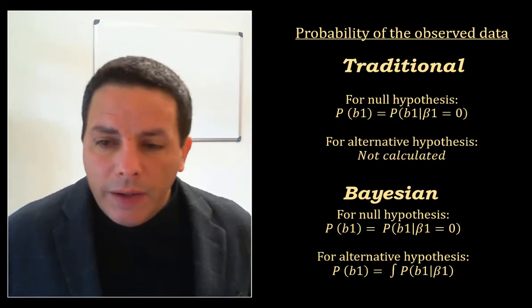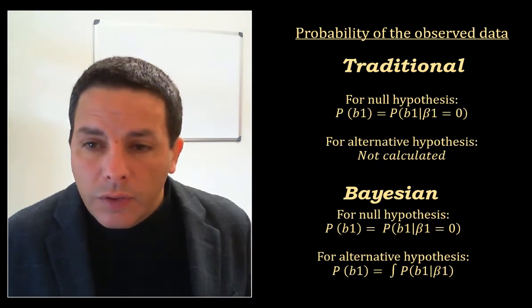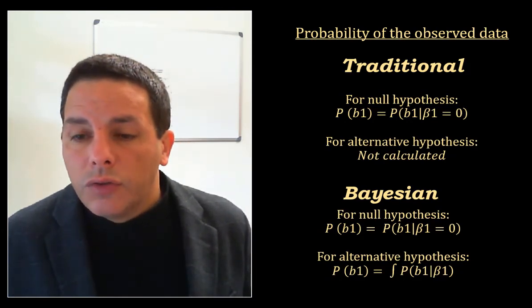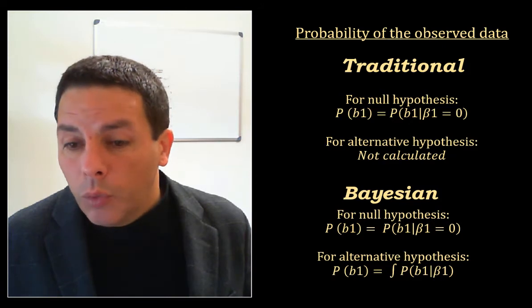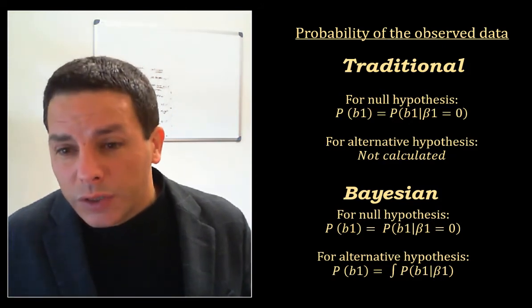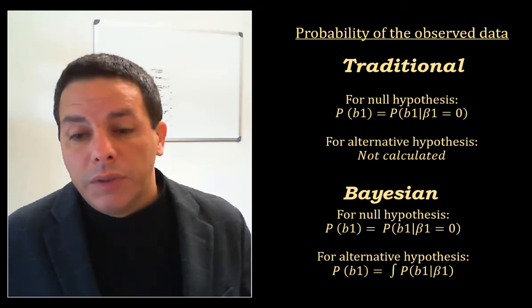Now, in the Bayesian approach, for the null hypothesis, it is exactly the same as the traditional approach. We assume beta 1 is 0, and we obtain the probability of the B1 we observed in our sample, in that sampling distribution.